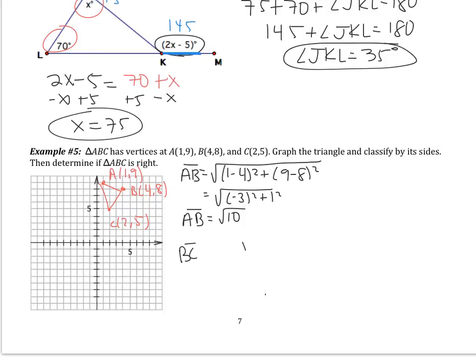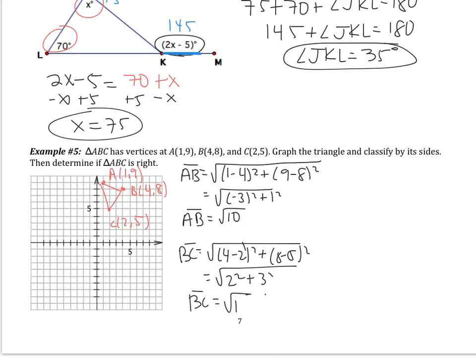For BC, I have 4 minus 2 squared, 8 minus 5 squared. This is the square root of 2 squared plus 3 squared. So BC is the square root of 14. Or, I'm sorry, 13. Right now, this tells us we don't have an equilateral triangle.